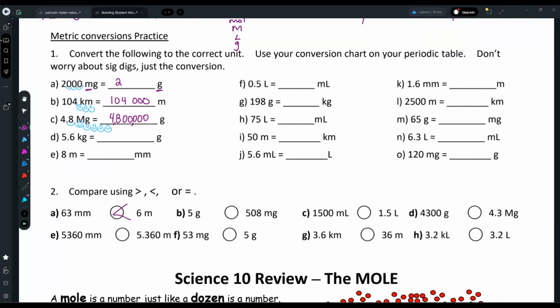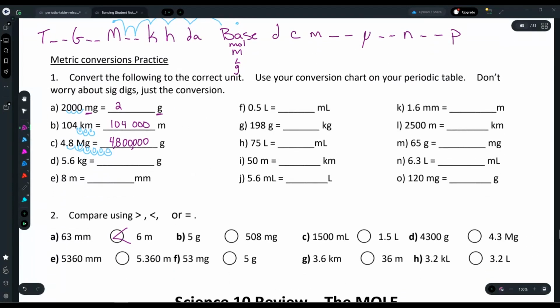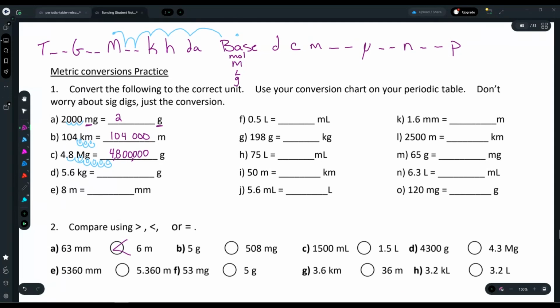So that's just a quick example, but if it helps, you can use the metric conversion line. If you're really having trouble, I would recommend converting both numbers to the same units, whichever units you want, in order to help you figure out what's bigger, what's smaller, or if they're equivalent values here.